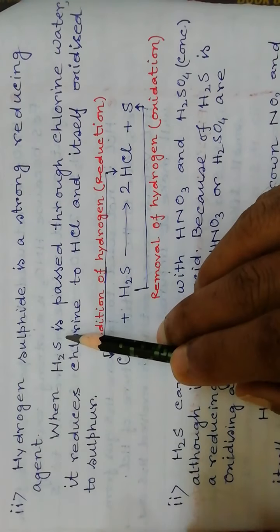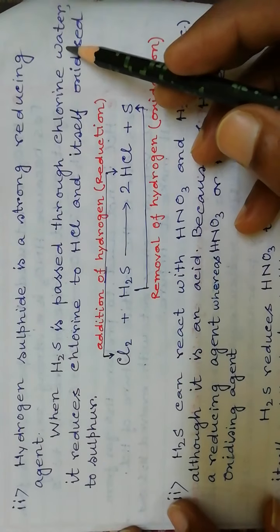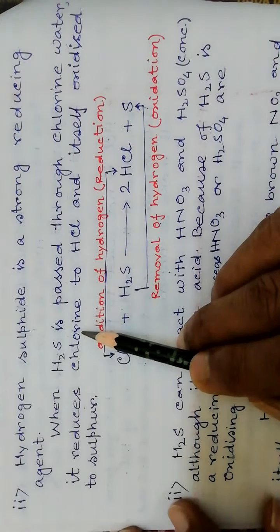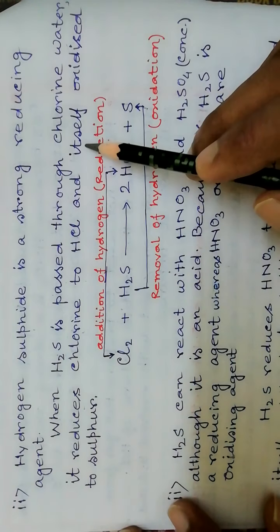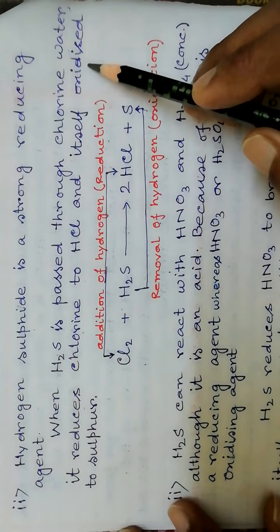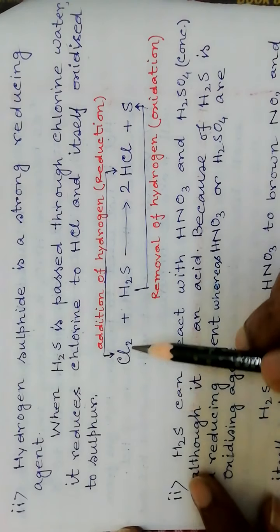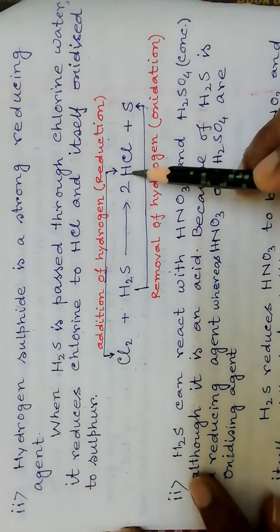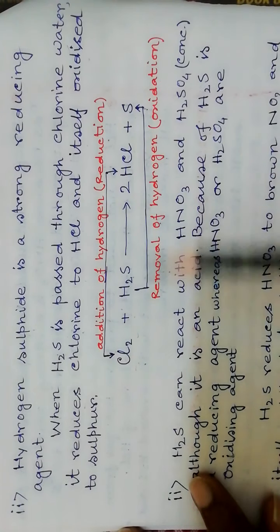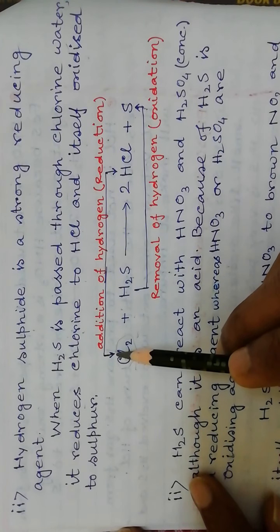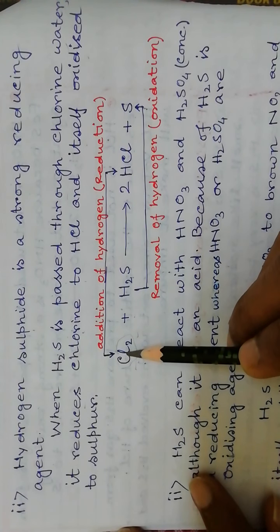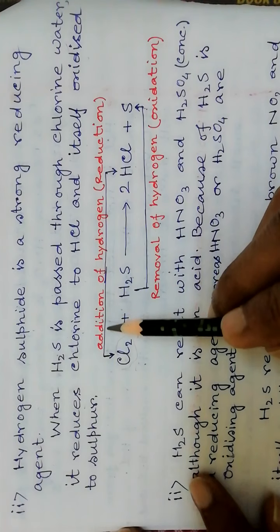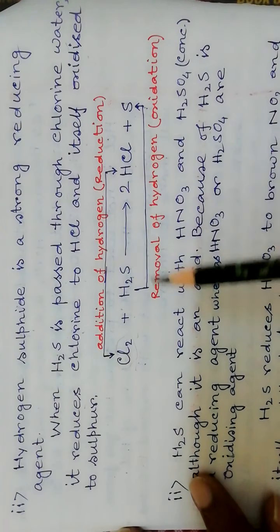When H2S is passed through chlorine water, it reduces chlorine to HCl and H2S itself is oxidized to sulfur. Here the reaction is chlorine plus H2S gives HCl plus sulfur. Here Cl2 is reduced to HCl as hydrogen is added.